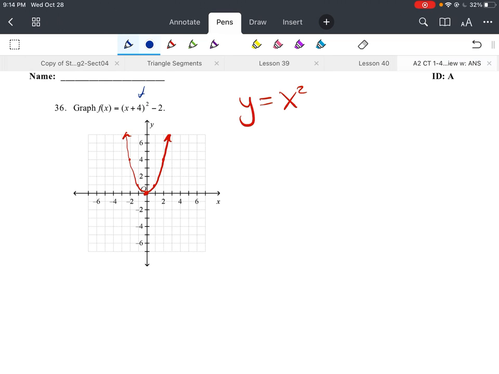Now, let's go to this guy. How did he shift? Remember, x is opposite, so instead of to the right 4, it was actually left 4, so left 4 units, and also down 2 units. So take your vertex, move it left 4, and down 2. Okay, so there is my vertex.